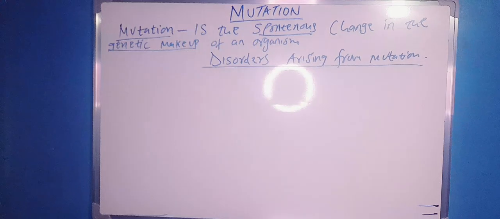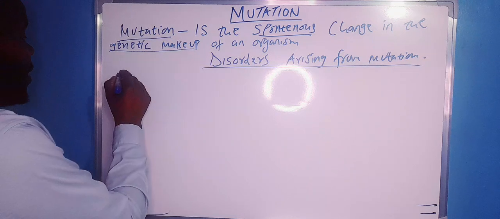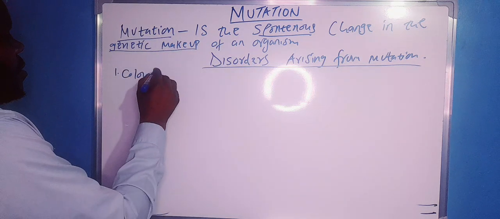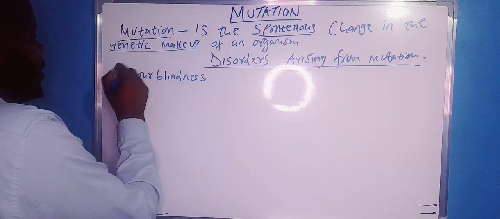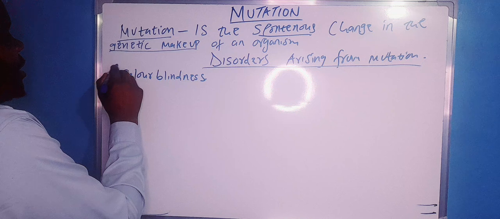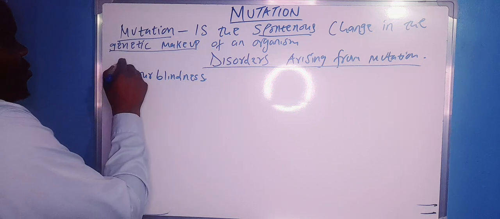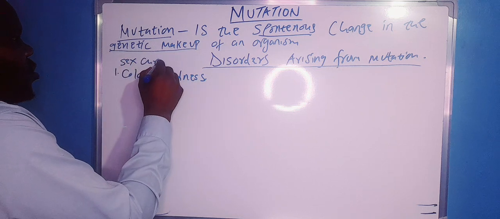Which are those ones? We have those which are sex linked and we have those which are not sex linked. Let's discuss which are linked to sex chromosomes. These are the sex chromosomes, X chromosome linked.